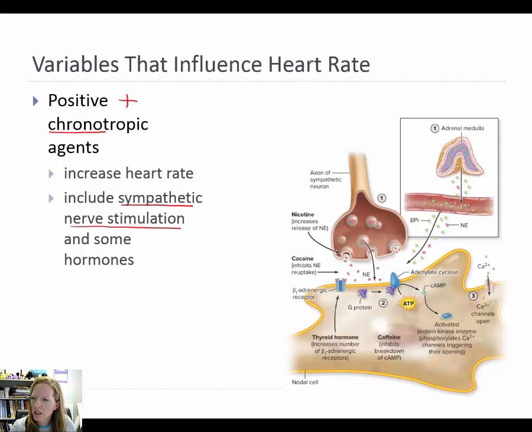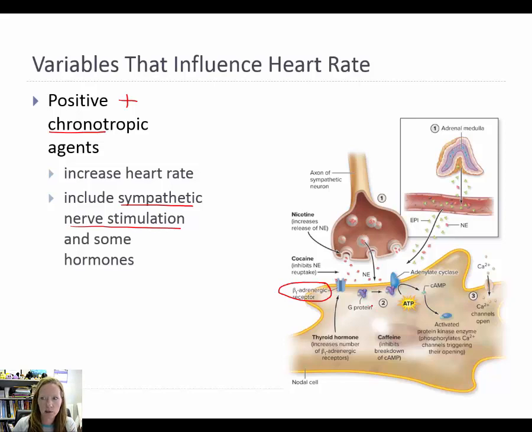It is going to release a very important neurotransmitter, norepinephrine. Norepinephrine binds to key receptors here, beta-1 adrenergic receptors. I want to mention these because we're going to talk about some medications that influence this. As soon as it binds, it goes through a whole second messenger system.